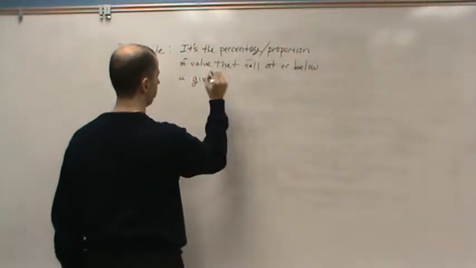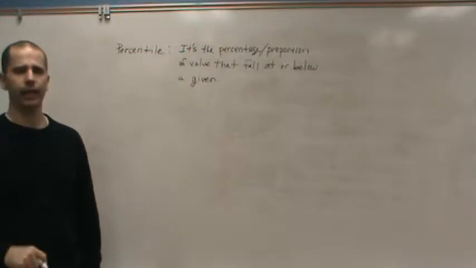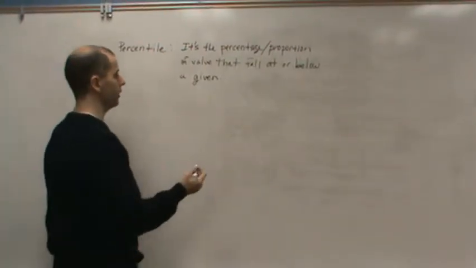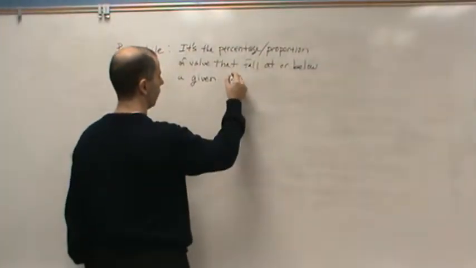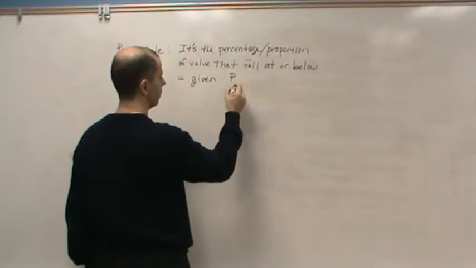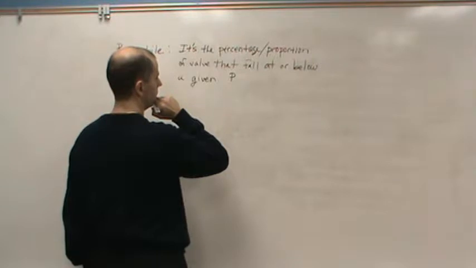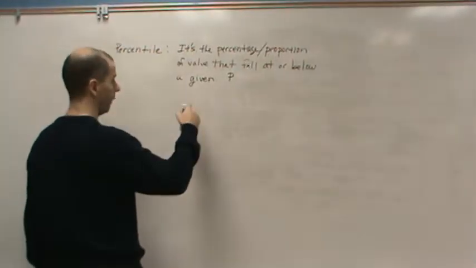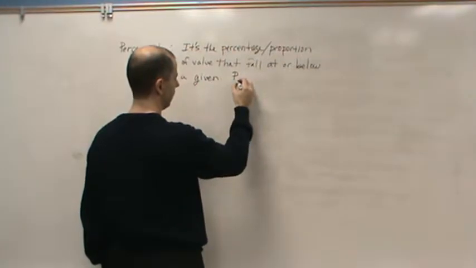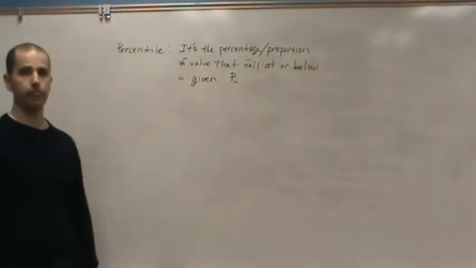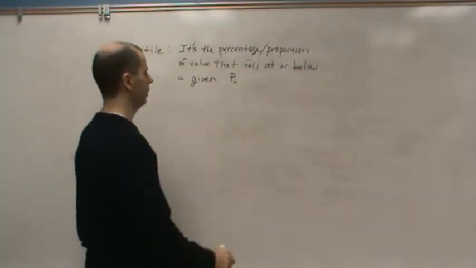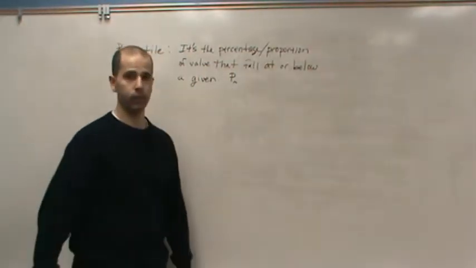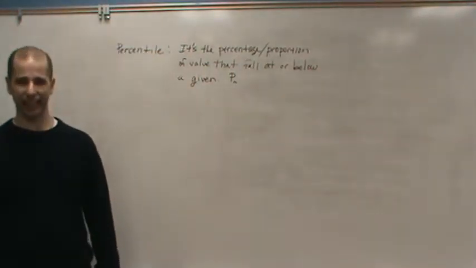That's what I'll say. I think that's better. And the way we denote a percentile is usually a P sub a number. We'll say P sub n, where n will go from 1 to 99.